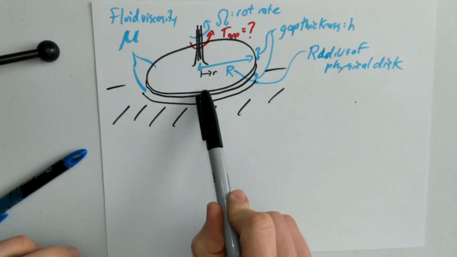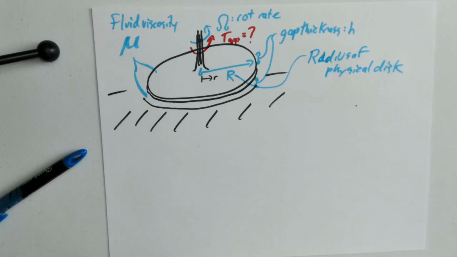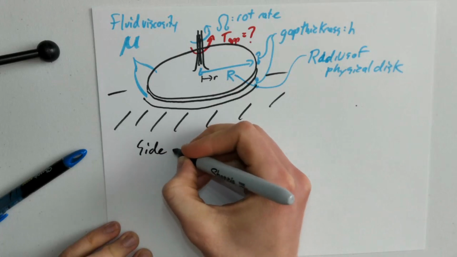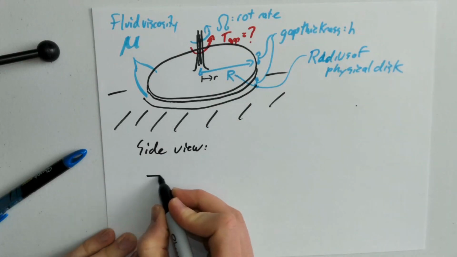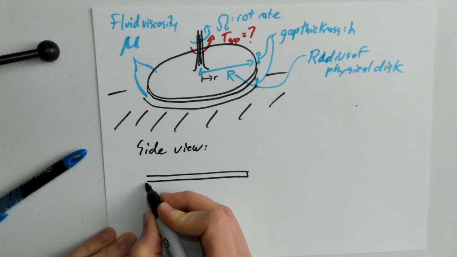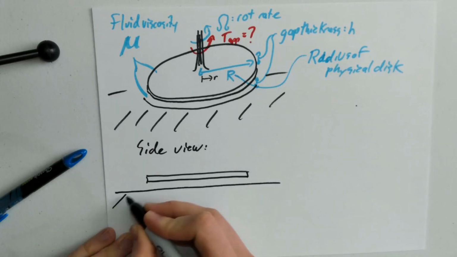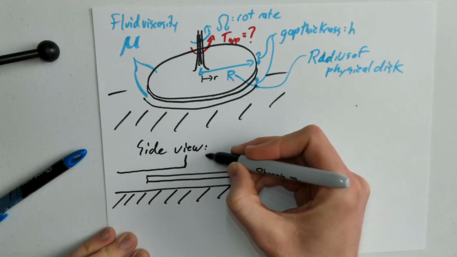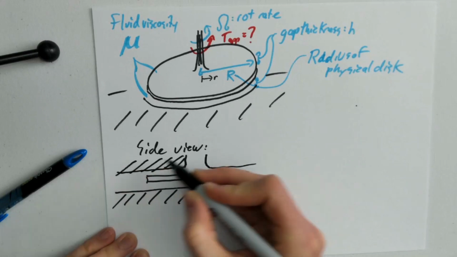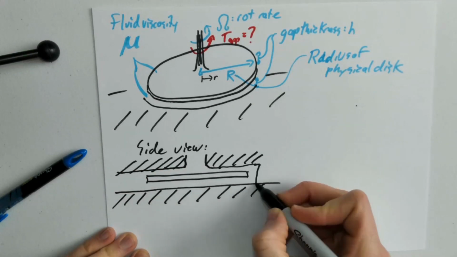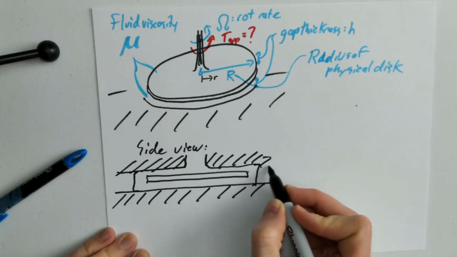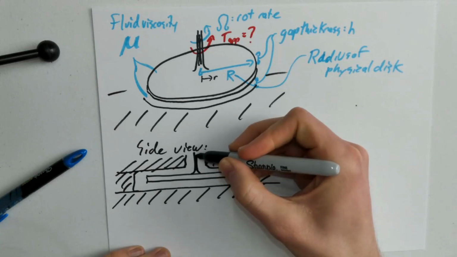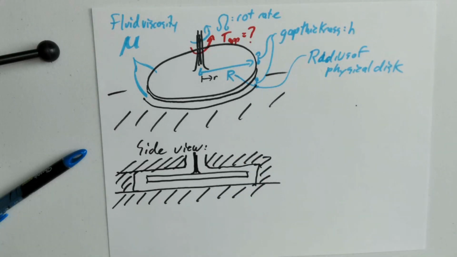So let's look at a side view between the disk and the stationary ground underneath. I tried to draw a 3D view here, but now let's do a side view. So let's say I have the disk like this, the ground underneath it, and of course there's a ceiling on top of it, and you can imagine the sides are enclosed, but we're not going to analyze too much what's going on at the side. There's a handle that comes out of the disk like this.